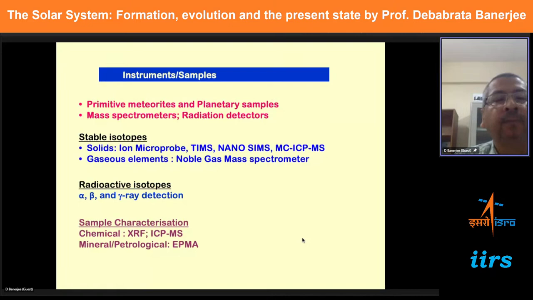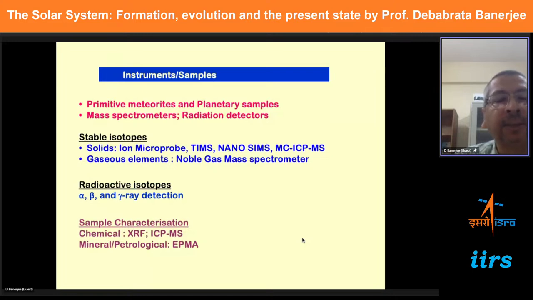So how do we study them? Our samples are primitive meteorites and planetary samples, and we use mass spectrometers and radiation detectors. There are several instruments which are basically mass spectrometers; an ion microprobe and NanoSIMS were particularly used to tell about the timescales of the early solar system. I hope to show you some examples here.